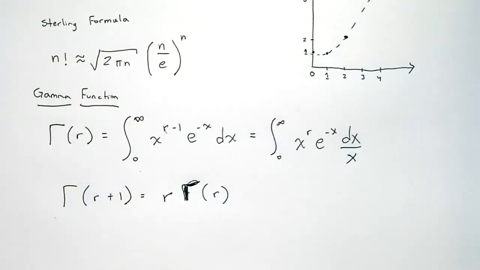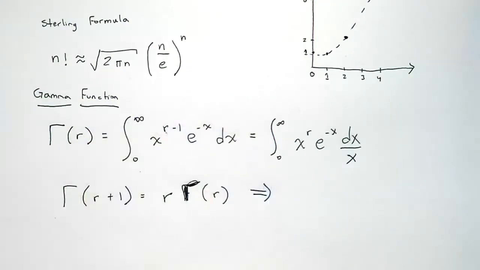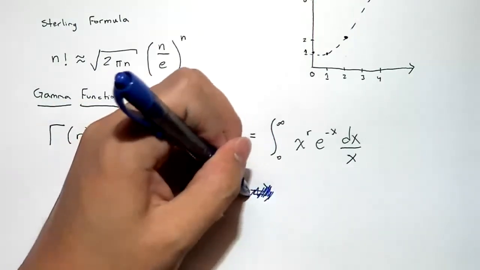And how does this tell me that this is related to a factorial? Well, think of it this way, right? Gamma of r plus 1 is equal to r times gamma of r. What function has those properties? Well, the factorial function has those properties, right? So what this tells me, what this implies, actually, wrong sign.